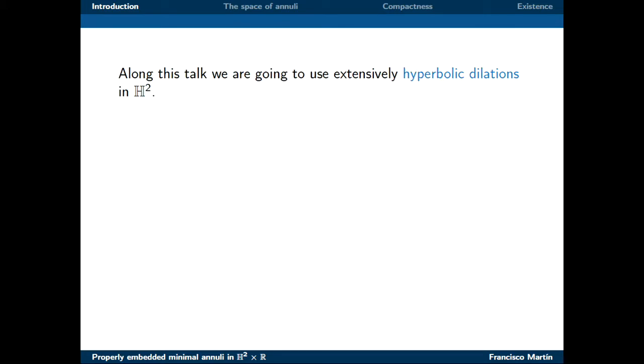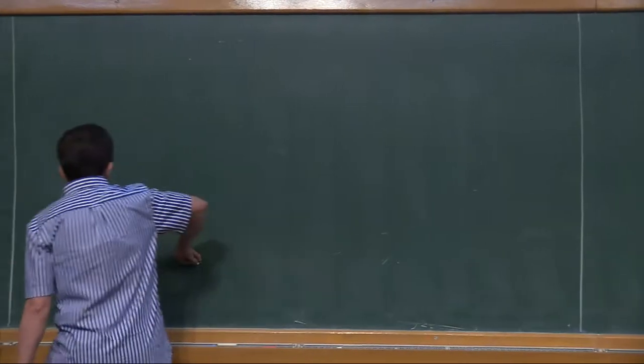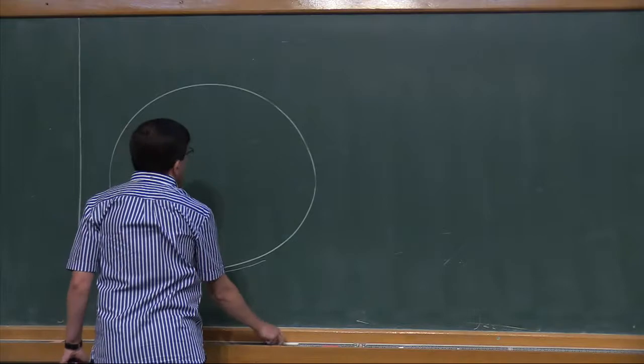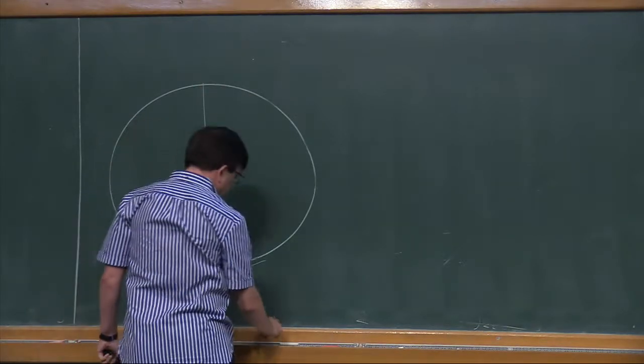So as I'm going to use and abuse what are called hyperbolic dilations in H2, I would like to explain what I mean by this. So I consider in the hyperbolic disk a geodesic gamma.